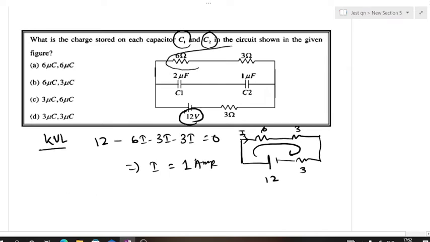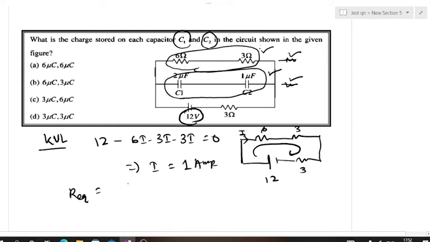As this is connected in series and this is also connected in series, the voltage developed across this series combination will be equal to this, because both are connected in parallel. So R equivalent, as they are connected in series, is 6 plus 3, equal to 9 ohm.